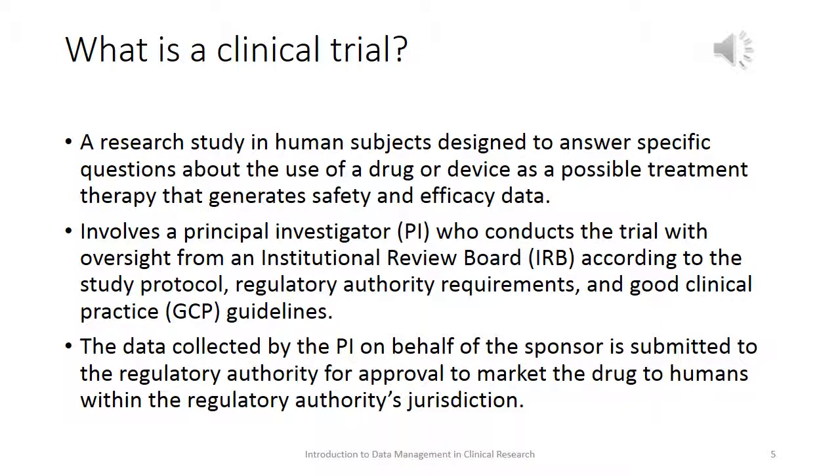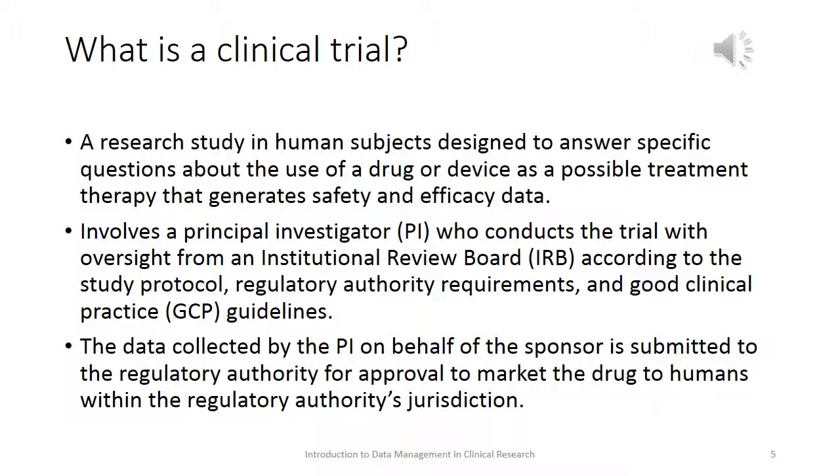The clinical trial involves a principal investigator who conducts the trial with oversight from an institutional review board, according to the study protocol, regulatory authority requirements, and good clinical practice guidelines.